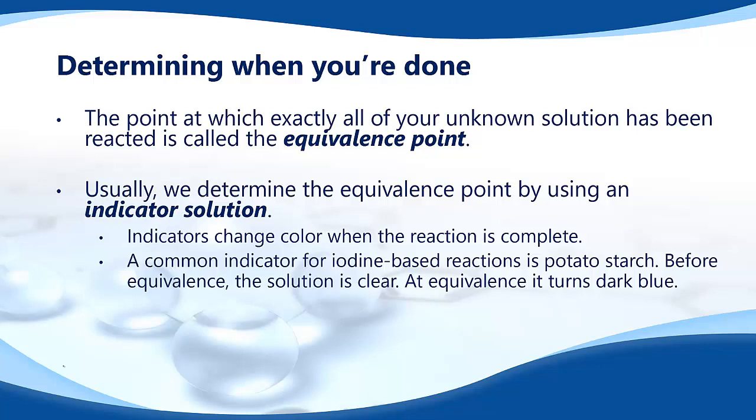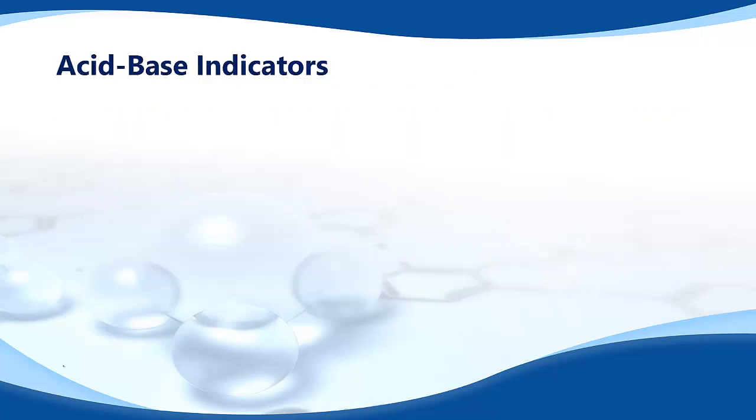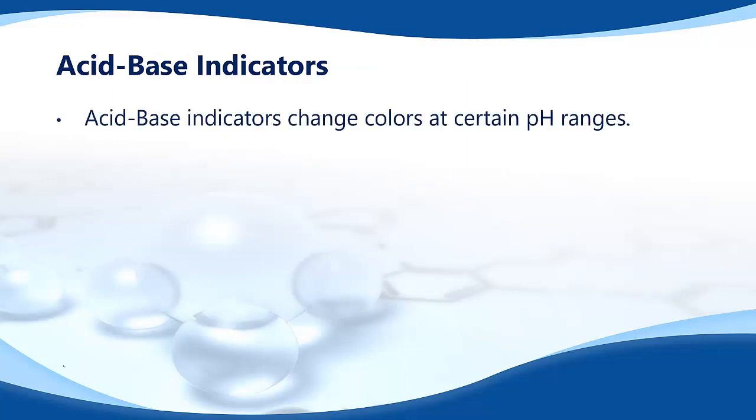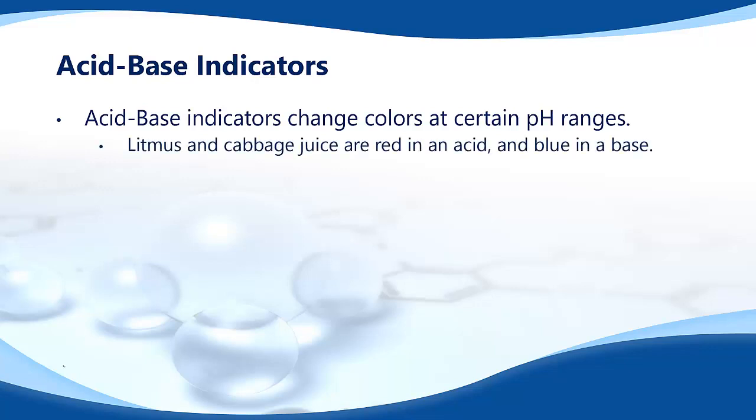Acid-base indicators are no different. Now, the way that an acid-base indicator works is that it changes color based on the pH. Right, so different colors at different pHs. A couple of common indicators that you're familiar with are litmus and red cabbage juice. In acidic solution, both of those indicators are red.